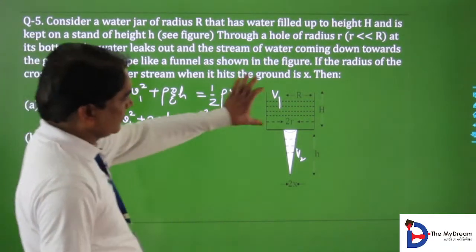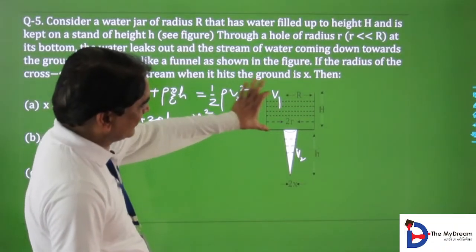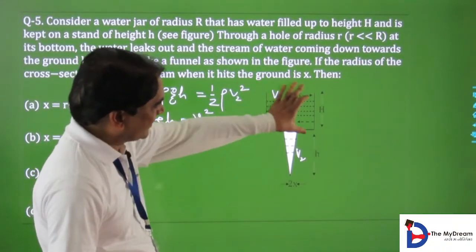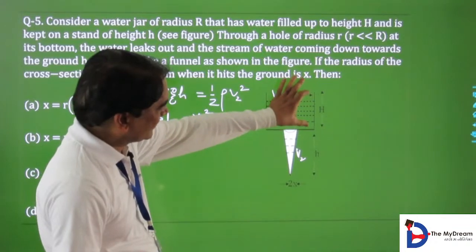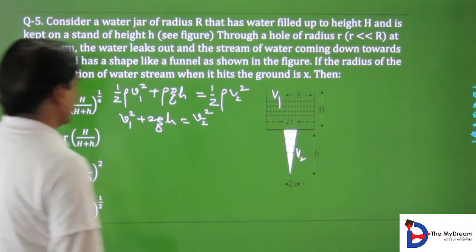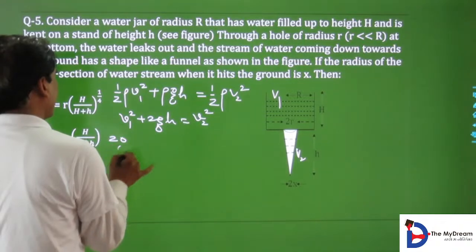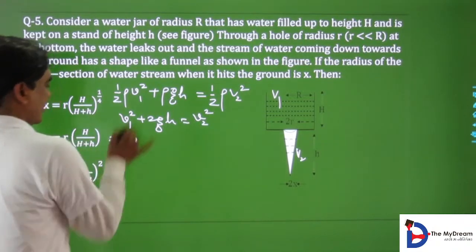And v1 is considered for this jar, where the fluid is at a height h. So you can write twice of gh because there is a square.